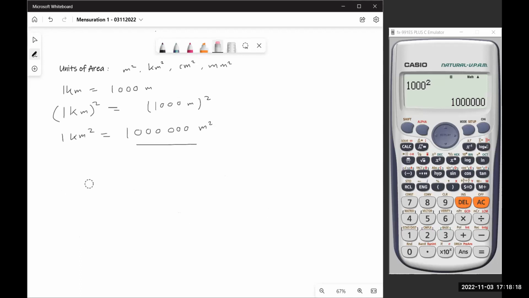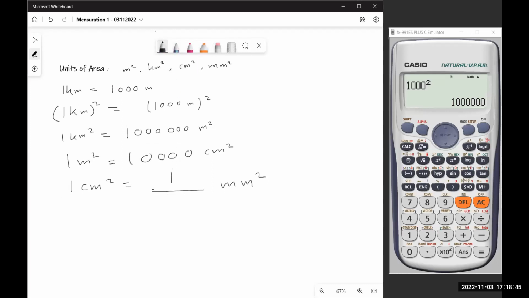Now you don't have to write this. All you have to write is, let's write the basic ones, right? 1 meter square is equal to 10,000 cm square, and 1 cm square is, now how can I find this? Mm square. Tell me. 10?